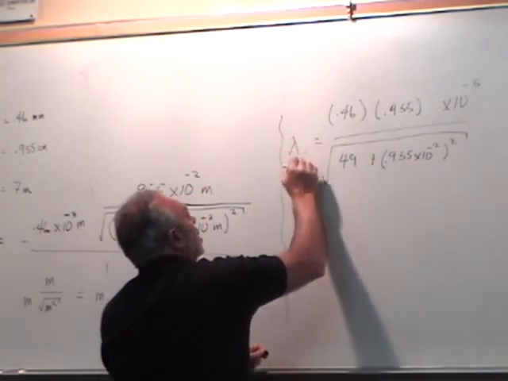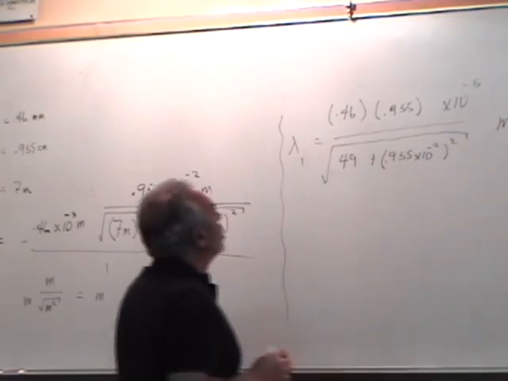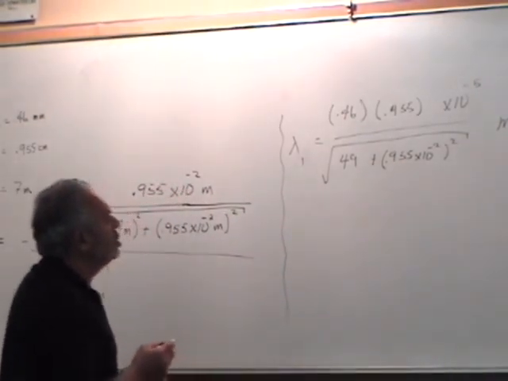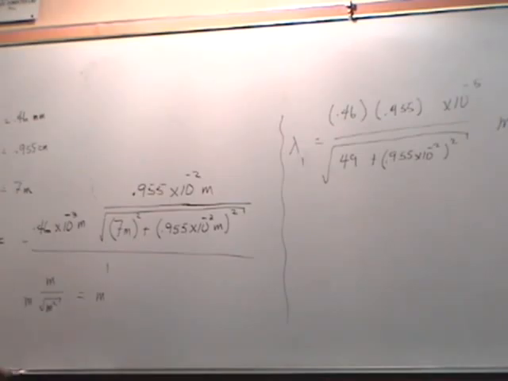That's going to be all in meters. I hope that helps, makes it easier for you to calculate. Would you now calculate this value and give me the answer in meters?